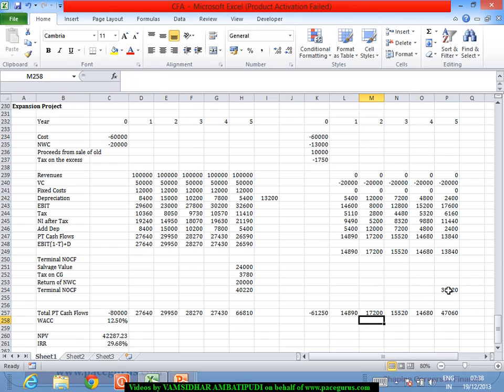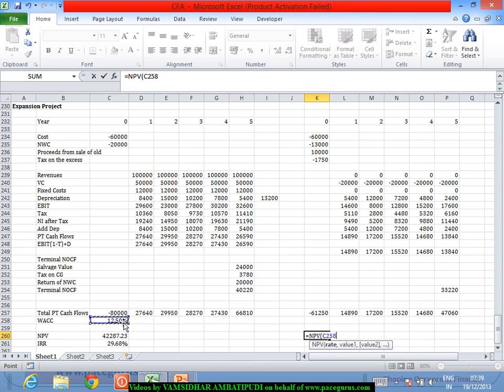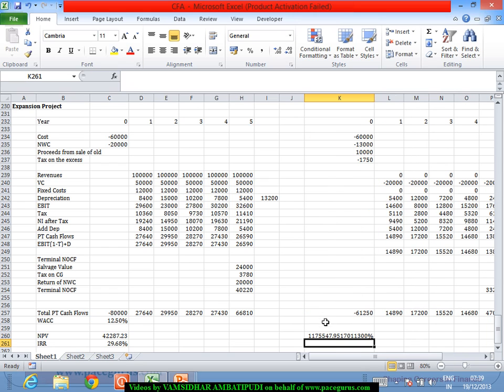And now when I am going with the same weighted average cost of capital, the NPV in this case is working out slightly positive.